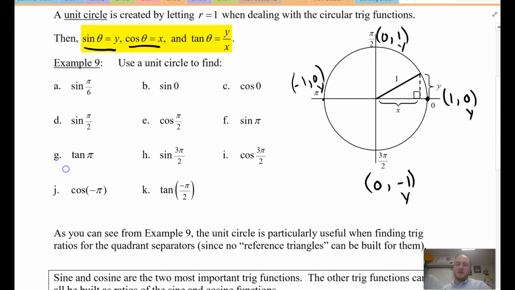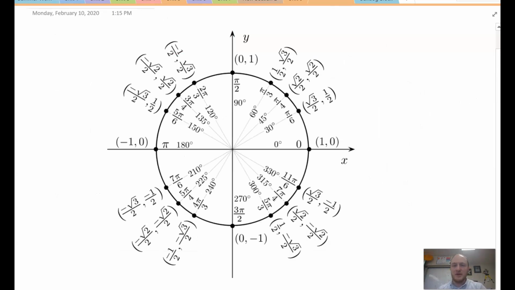Now they do start off with it's not really tricky. This is foundational. What is sine of pi over 6? So if you have a unit circle on hand, or if you want to construct one, or if you want to remember, or if you want to look at your hand, you can use that trick. Okay, so we'll look at this unit circle that I have here, and we want the sine of pi over 6.